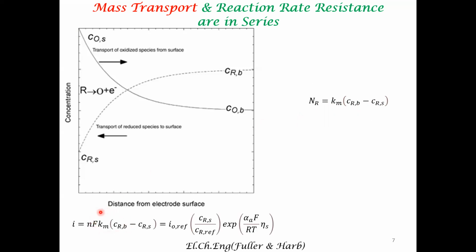So you get this quantity, and at steady state, what is being transported from the bulk gets consumed by the reaction at the surface. This is the Tafel approximation to the Butler-Volmer equation. So what is transported from the bulk gets consumed at steady state because of the reaction on the electrode surface.